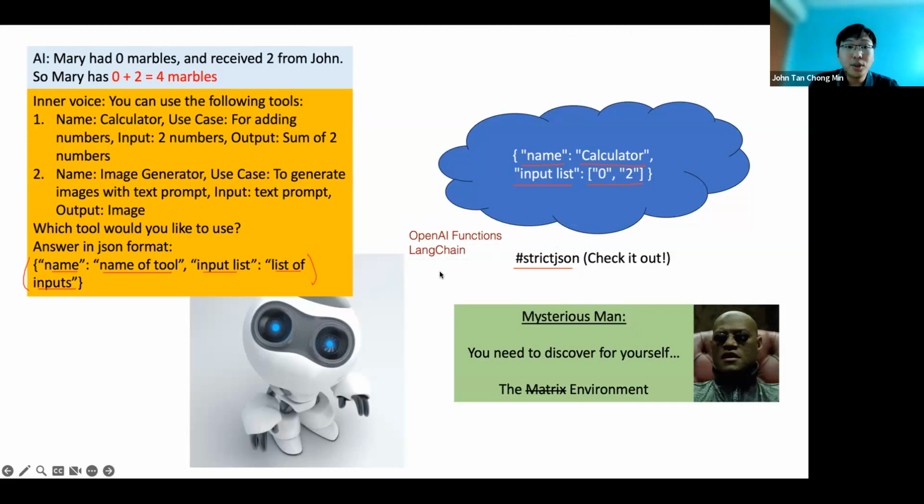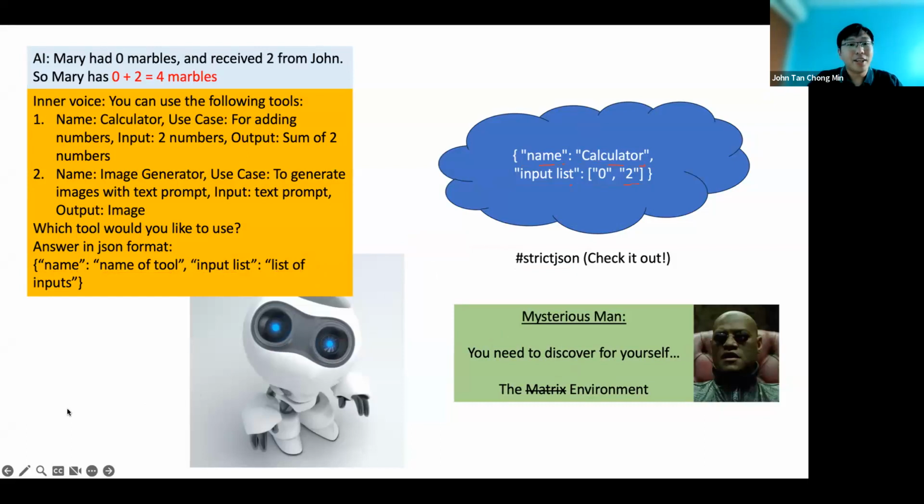But the idea is, if we can get the AI to give us something more structured, right, that will solve a lot of problems, especially when we want to introduce more and more complicated things into our agent. So after the tool is called, it's like, okay, I called the calculator tool, I gave it input 0 and 2. Something's missing.